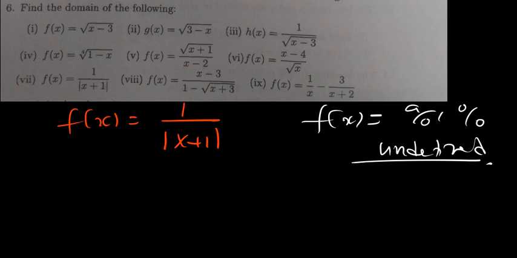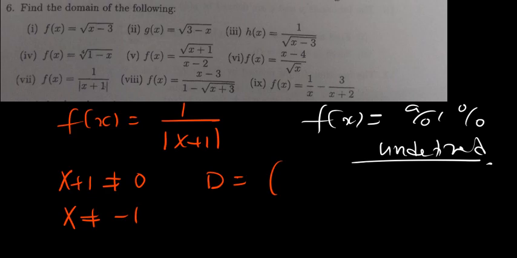What I'm going to do is take what is on the denominator, x plus 1. It should not be equal to 0. The denominator should never be equal to 0. So x is not equal to negative 1. What does it mean? Meaning that all the numbers can fit in the domain except negative 1. That's what we need to understand there.